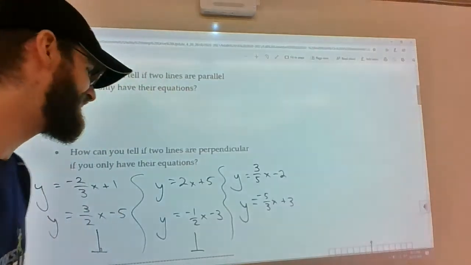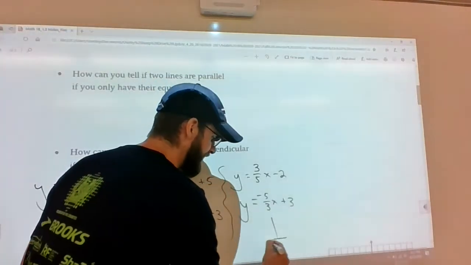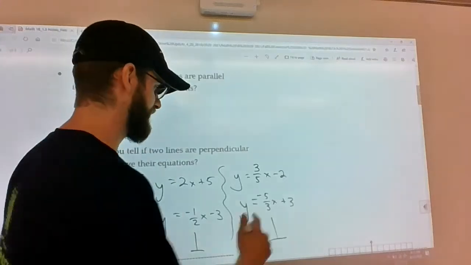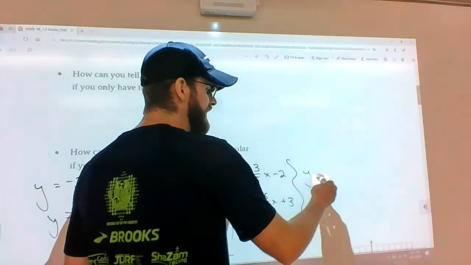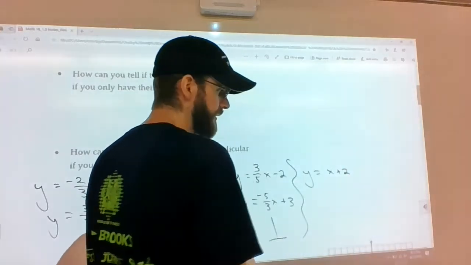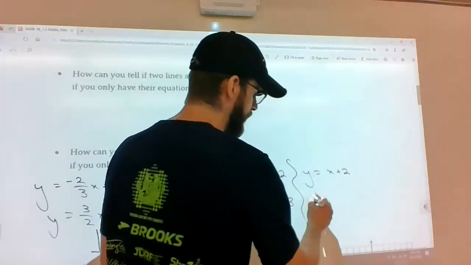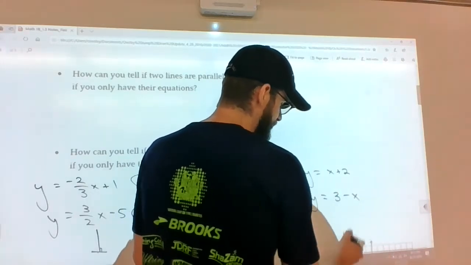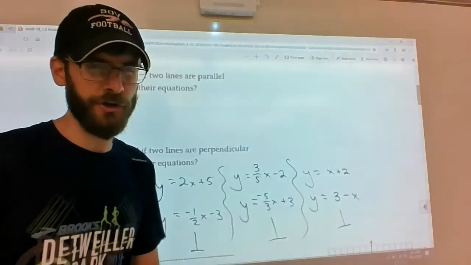Sorry. Perpendicular. Oh, this one's interesting. Y equals x plus 2 is actually perpendicular to y equals 3 minus x. That's for sure going to be a tricky one.